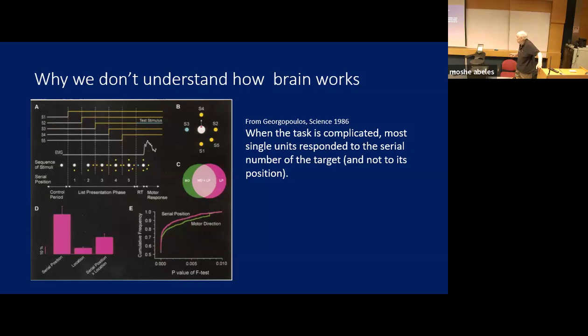So a neuron fires when the target is number 2, no matter whether it's this target or this target or this target or this target, just the serial order. Most units do this. Only a few units are responsive to the direction of the movement. So the same neurons that seem to direct the arm are doing something completely different in this complicated task. In my mind, this means that firing rate is not the entire story.